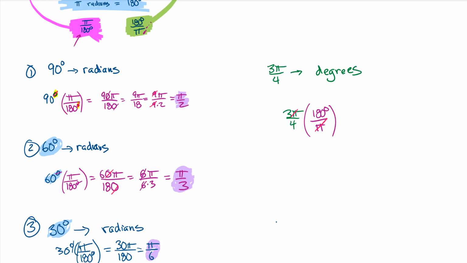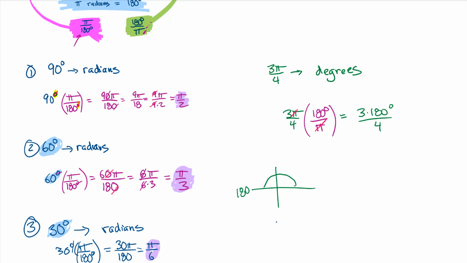Now we have 3 times 180 degrees over 4. If you're doing this by hand, do you want to multiply 180 by 3 and then do long division by 4? Or do you want to do 180 divided by 4 first? Let me just show you.